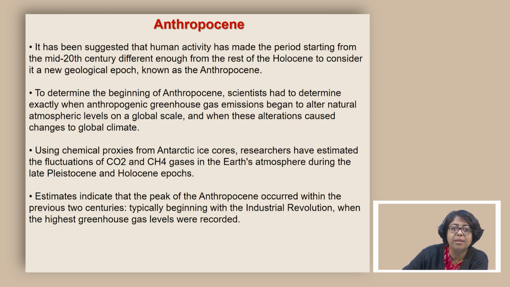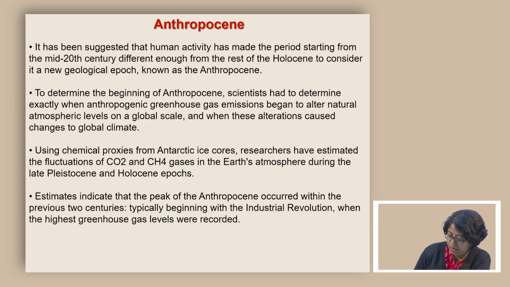So, estimates indicate that the peak of the Anthropocene occurred within the previous 2 centuries, typically beginning with the Industrial Revolution when the highest greenhouse levels were recorded. That is what marks the beginning of Anthropocene, and we are now living in part of this Anthropocene epoch.